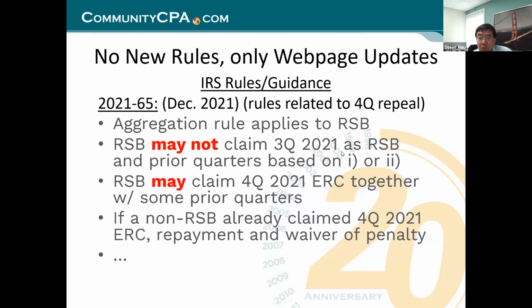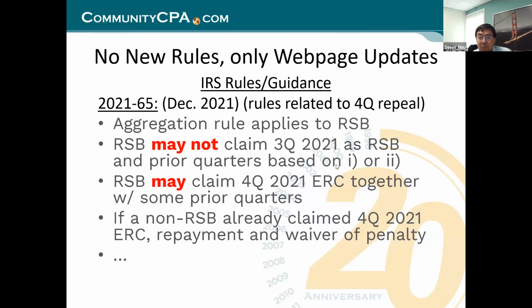for third quarter 2021, if you claim the third quarter 2021 ERC as a recovery startup business, the law prohibits you from claiming any prior quarter's ERC based on either the revenue drop or the government order.